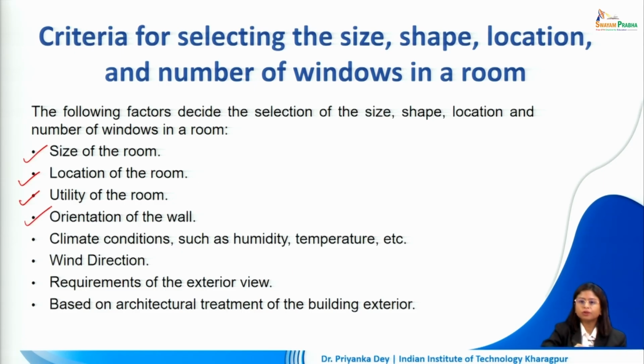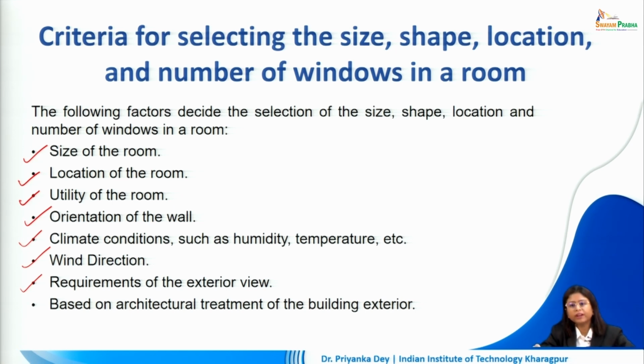The orientation of the wall, how much light do we want this wall to allow, how much weather elements will be affecting it, which direction it is in is very important for us to consider. Other climatic conditions like humidity, temperature, the prevalent wind direction have to be considered as well. The requirements of the exterior view are another important parameter.